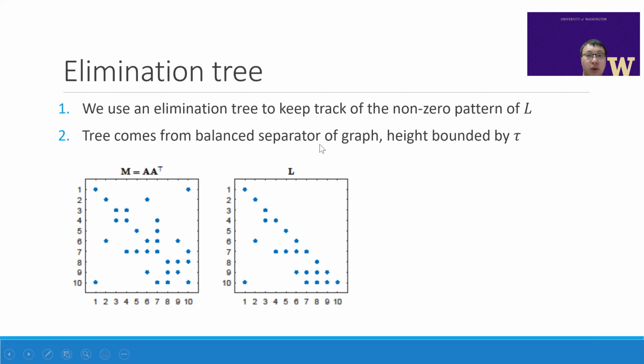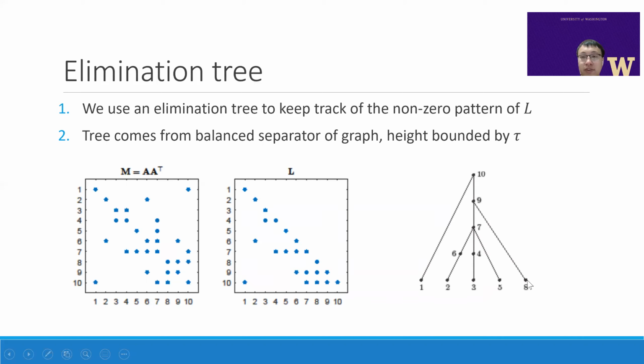Here we give a very concrete example. We can see that for any column of the lower triangular L, the non-zero pattern corresponds to exactly a subset of the path from the corresponding vertex to the root. For example, here, column 8 has non-zeros at 8, 9, 10.